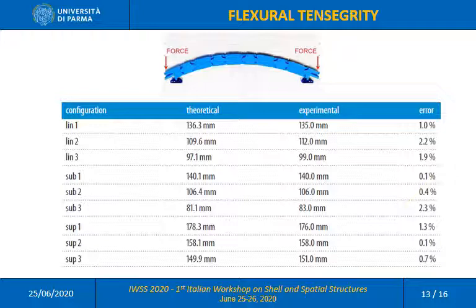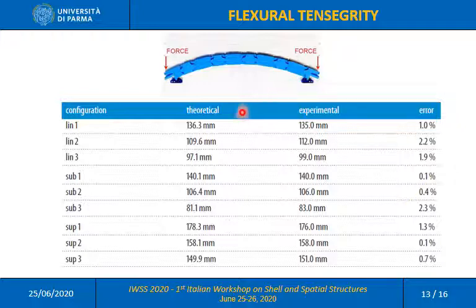This is the case of 4-point bending. Here and here the beam is supported, and then we have applied these forces. The self-weight is not considered here because the beam is resting in a horizontal plane.